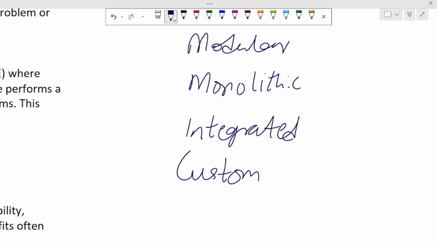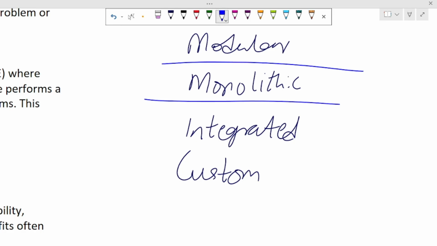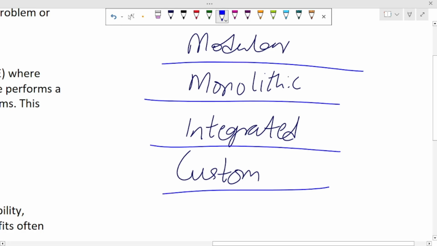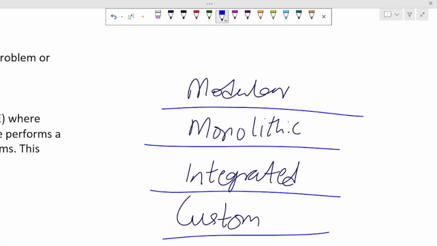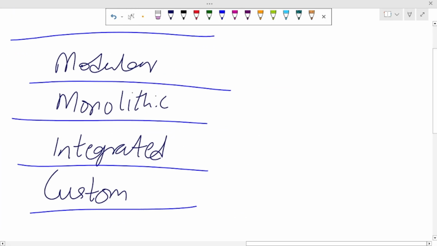Now these four, they have slight differences. They are obviously not exact, but I just give a quick overview of their difference before we go and read them.